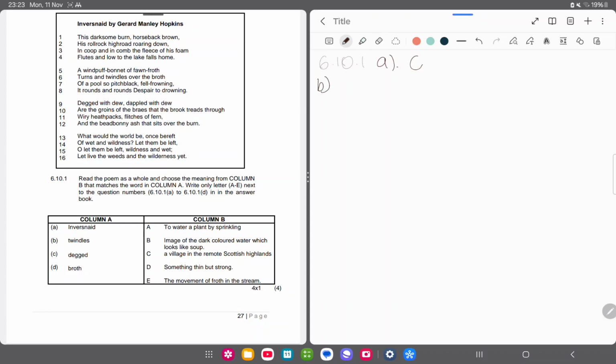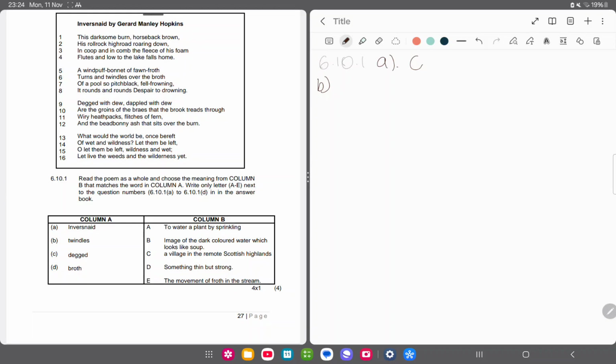And then we have B. B says twindles. If you check what twindles means, it would mean to move in a flipping, or turning, or tossing manner. So here we would say the answer to B would be the movement of the froth.